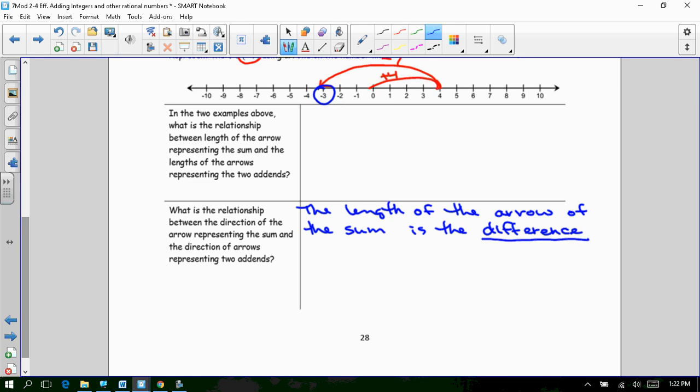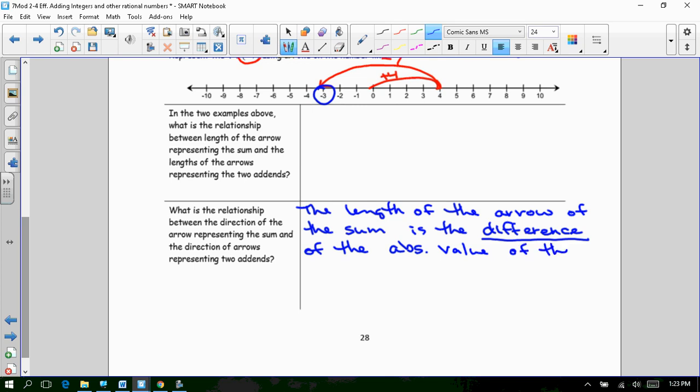In math, what's the word difference mean? It means you're going to subtract. Okay, it is the difference of the absolute values. Again, I'm going to just abbreviate absolute value. It's the difference of the absolute values of the terms, right? Of the numbers I was just adding.